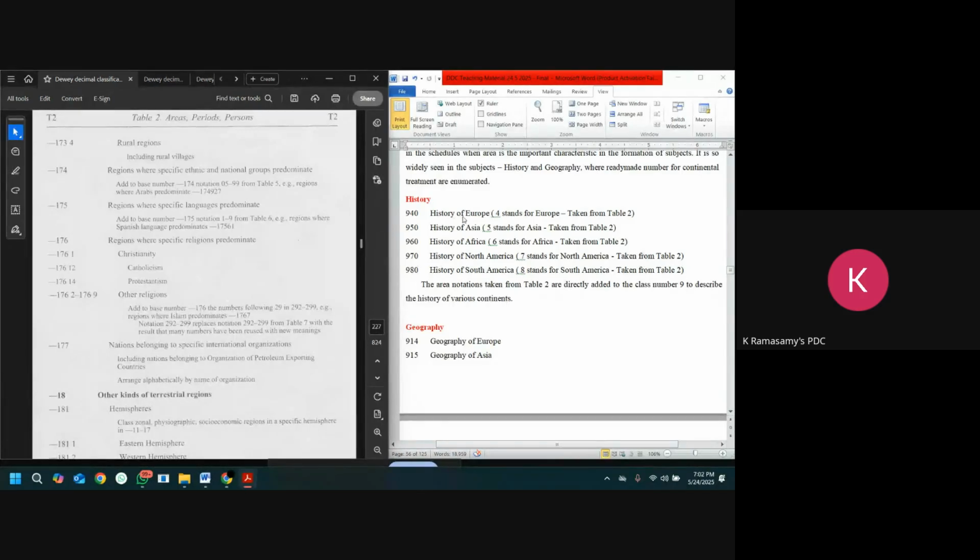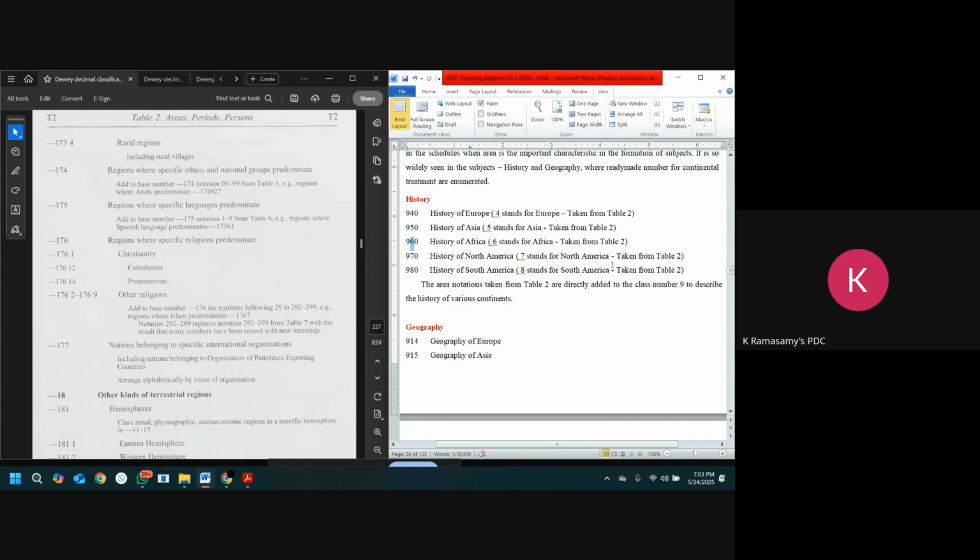For example, history of Europe. In history of Europe, the middle number 4 stands for Europe. History of Asia, 5 stands for Asia. 9606 stands for Africa. That means in the DDC number itself, the area number is inbuilt.